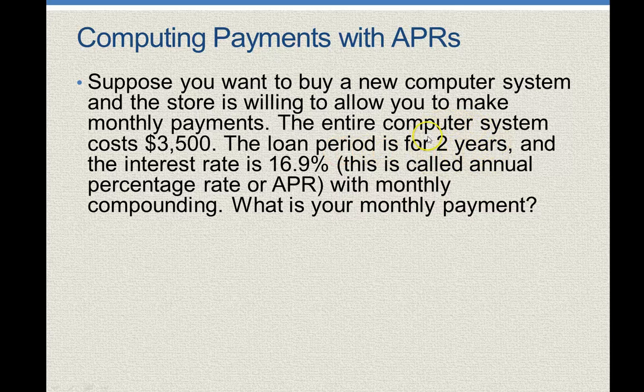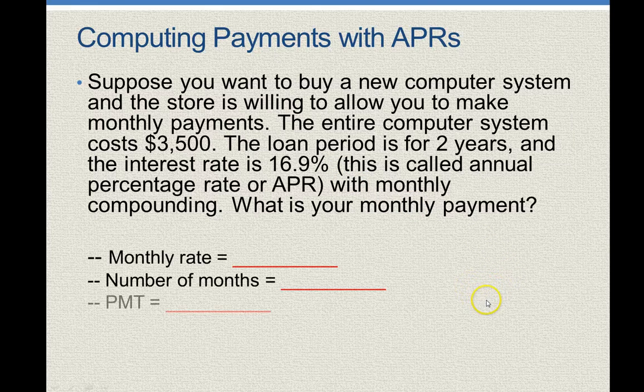Here it's probably not a big deal because the number of payments is only 24 months. But if you have a 30-year loan, like we just looked at, which is 360 months, then rounding the interest rate will have a dramatic effect on the final result. So I do not recommend rounding this number for an intermediate answer. Rather, you can just input 16.9% divided by 12 directly into your calculator and get the final answer.